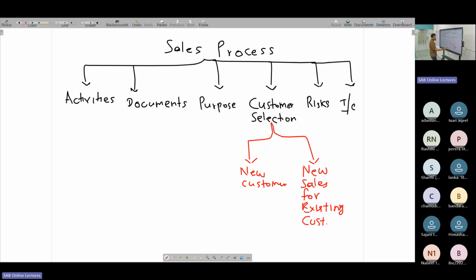So both of these decided ability to pay.